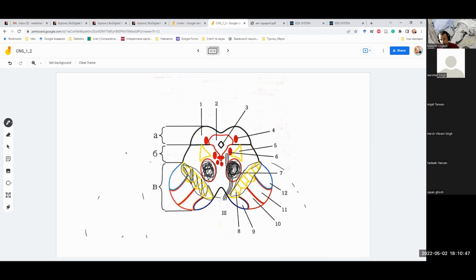The smallest objects you don't need to recognize. You just have to know where they are located: in which part we can find the nuclei of the cranial nerves, oculomotor and trochlear, where we can find the spinal nuclei of the trigeminal, the medial lemniscus, and where we can find the lateral lemniscus too. That's all.